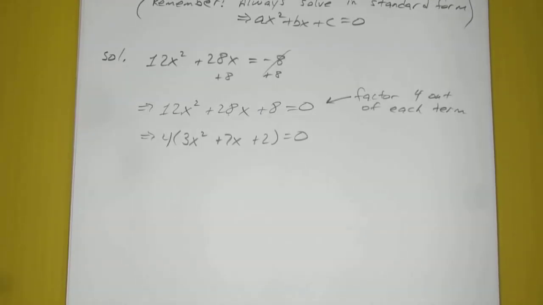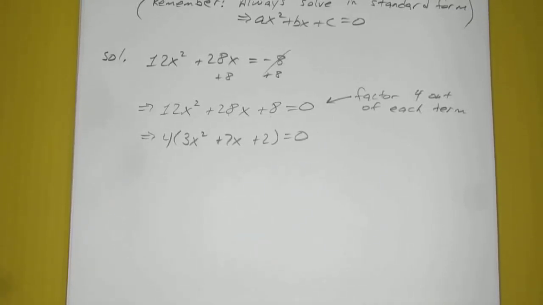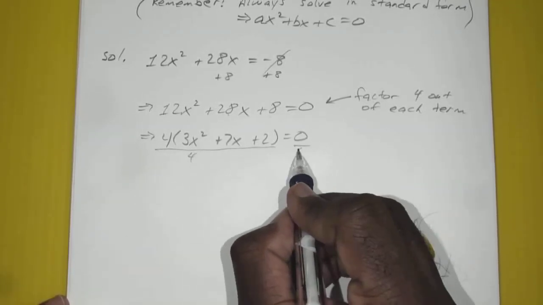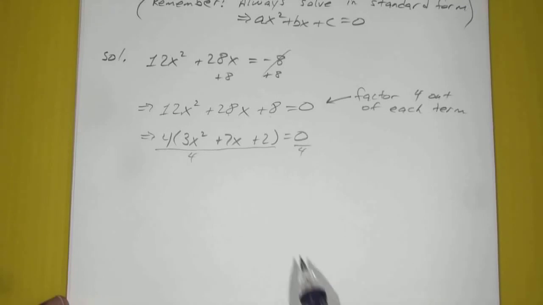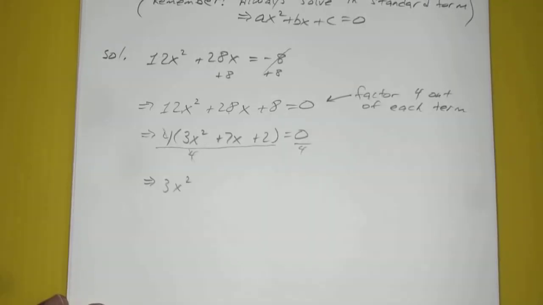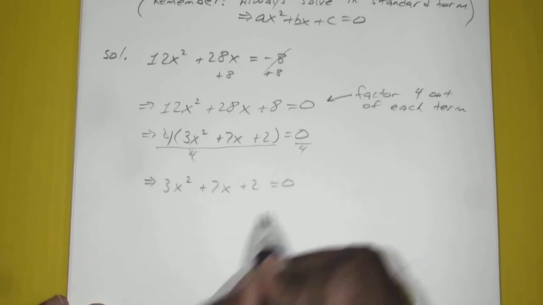Now before we factored out a variable, so we didn't divide both sides. Here, we just factored out a number. So as long as we just factor out a number, we can divide both sides by 4. Okay, so we end up with 3x squared plus 7x plus 2 equals 0.